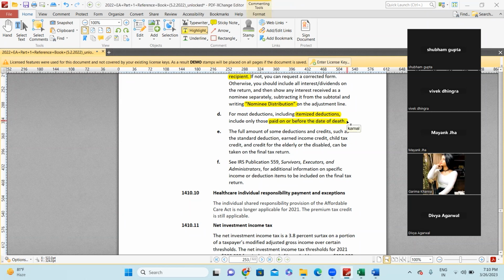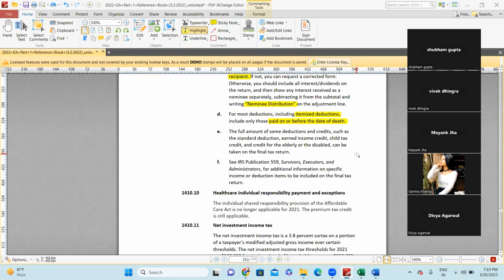Right. Next one is the full amount of the deduction and credit, such as standard deduction, earned income credit, child care credit, credit for elderly disabled, can be taken in the final tax return. So those tax credits can be claimed in full, but the deduction would be for the period the person was alive, right?